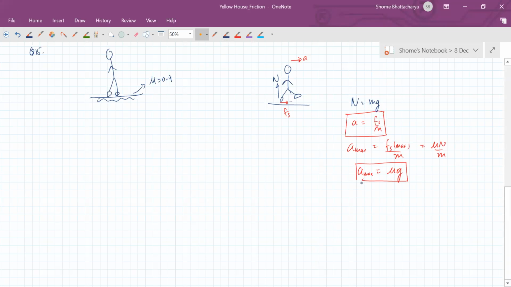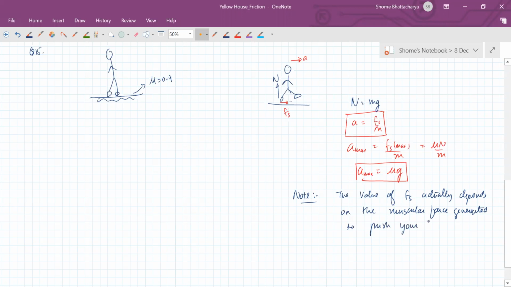Now the thing is that the amount of static friction generated actually depends on the muscular force generated to push your leg backwards against the ground.